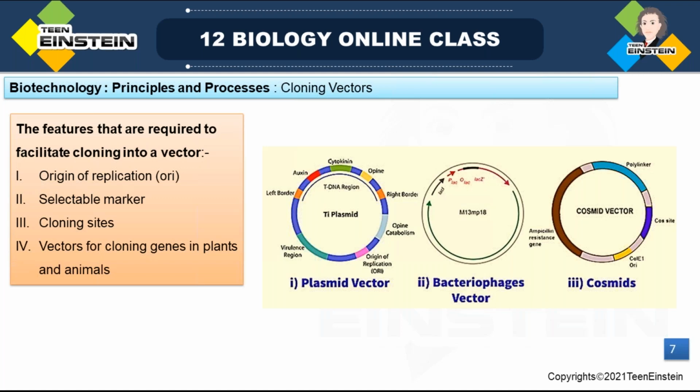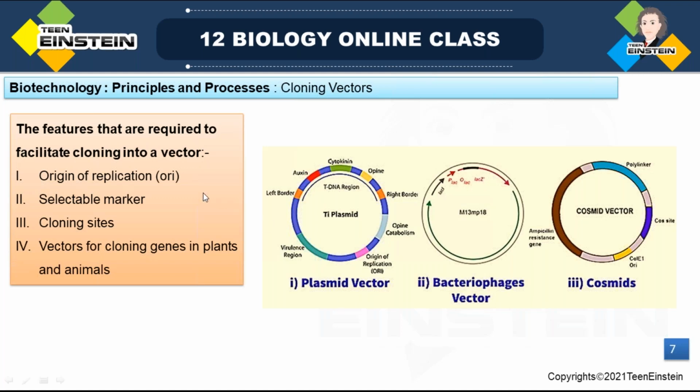Next, there should be some special features while designing or selecting a cloning vector. So we should have some minimum features. Which are they?